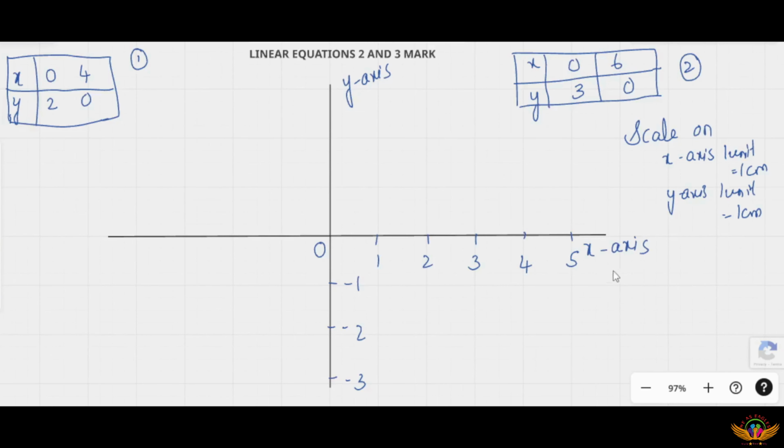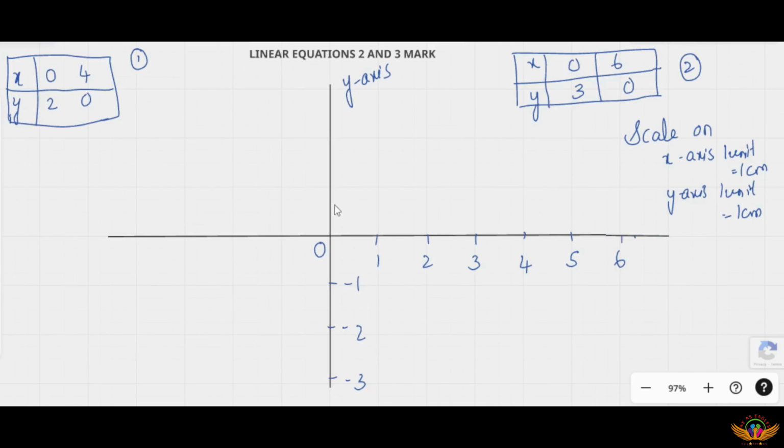So we have to write up to 6. Let me extend this table. Yes, so I'm taking it as 6.